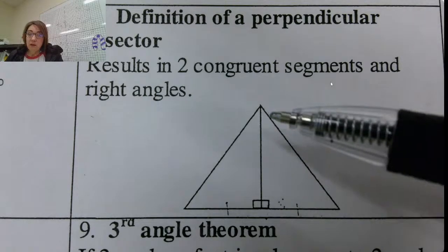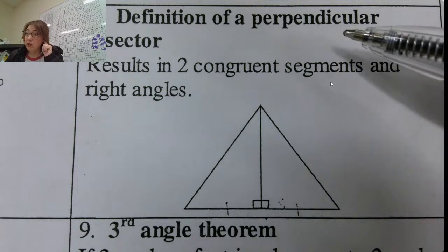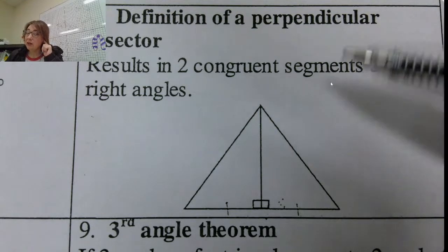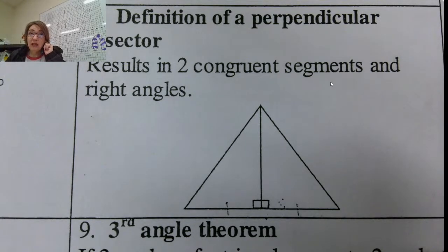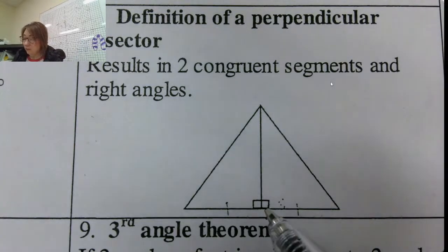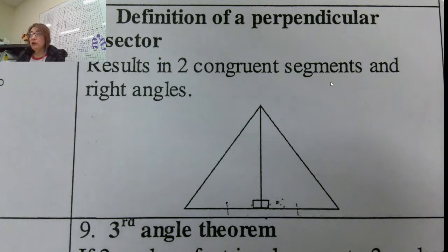Okay. Perpendicular crosses at 90 degrees. That's what perpendicular means. So a perpendicular bisector crosses at 90 degrees and cuts something in half. Now, what that tells us is two things. Number one, it gives us 90-degree angles, right? And what did we learn earlier about 90-degree angles? They're congruent because they're 90-degree angles, right?